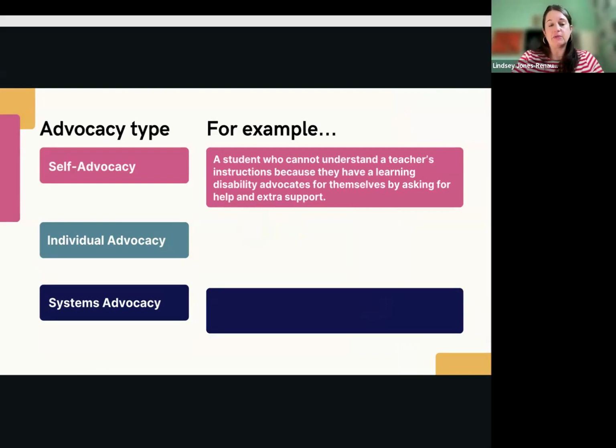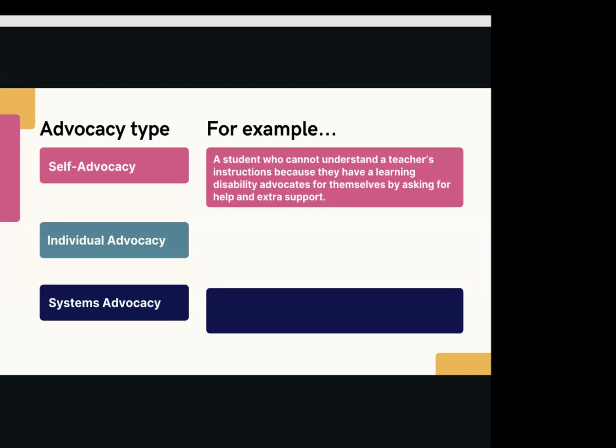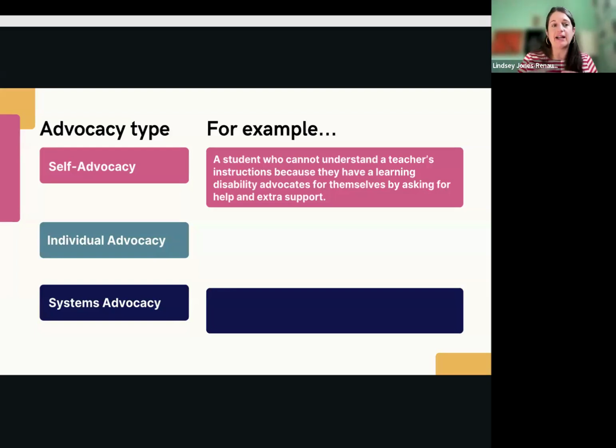And one of the things we had to work with my daughter on, for example, was helping her to understand when she needed to advocate for herself, when she needed to speak up and say, I don't understand this because of this learning disability. I need these extra supports.